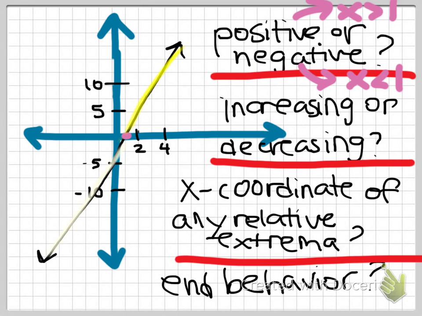So that is what you are looking for when you're trying to determine whether it's increasing or decreasing. If one part of the graph is increasing and some parts of the graph are decreasing, you would describe it like we did with the positive or negative parts of the graph. So you'd look to see when the x values are increasing, when they might be decreasing, and describe that using an inequality symbol, such as less than or greater than. But in this case, it's consistently increasing, so we would say that the graph is increasing.